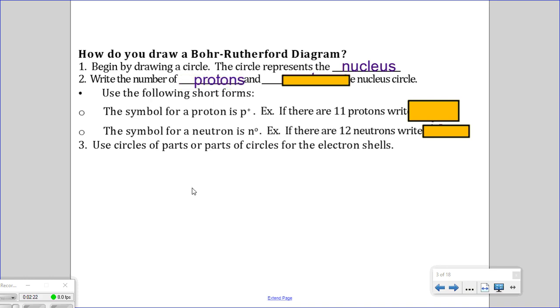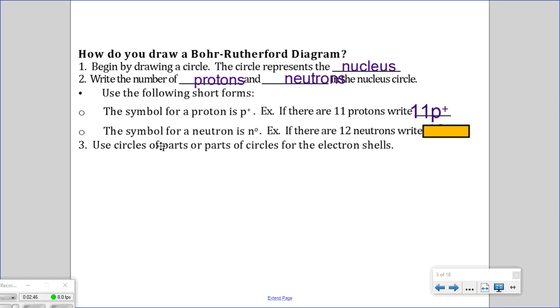Within that circle, you write the number of protons and the number of neutrons. For protons and neutrons, you can use the following short forms. The symbol for a proton is a p superscript plus. So for example, if there are 11 protons, you would write this as 11p superscript plus.